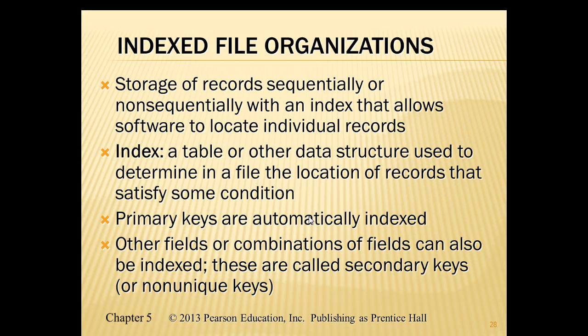And now your text also talks about indexes. On page 221 it talks about indexed file organizations, and I don't think it explains it very well, but basically, every table is automatically indexed on the primary key.